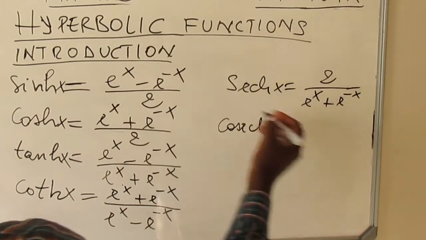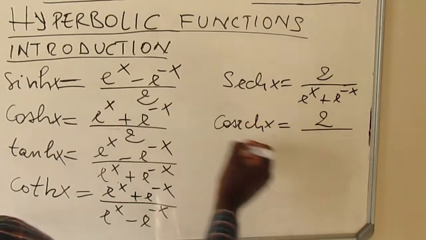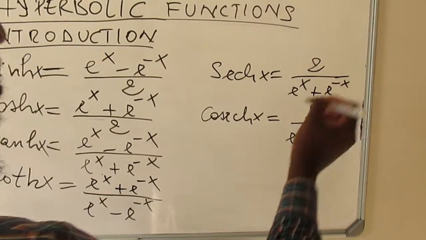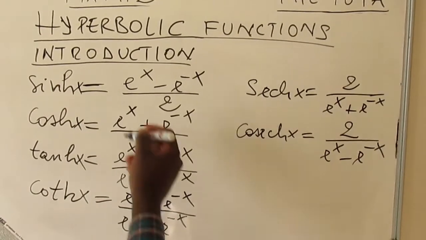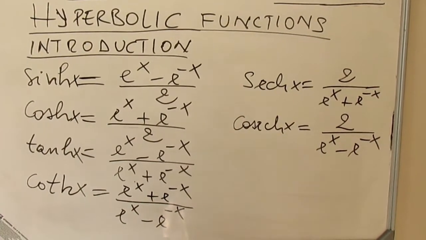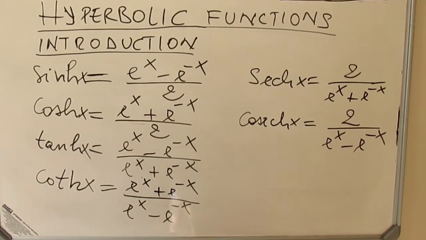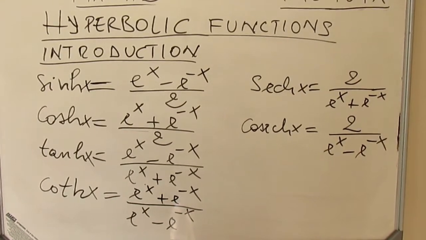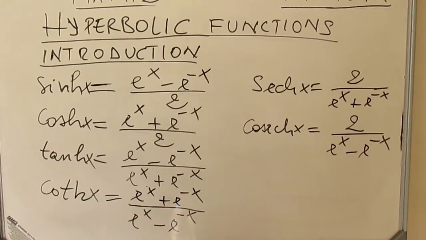You take the 2 up over e to the power x minus e to the power minus x. Okay guys, you have these formulas on our additional formula sheets. It's going to help you a lot while you are doing integration, right?